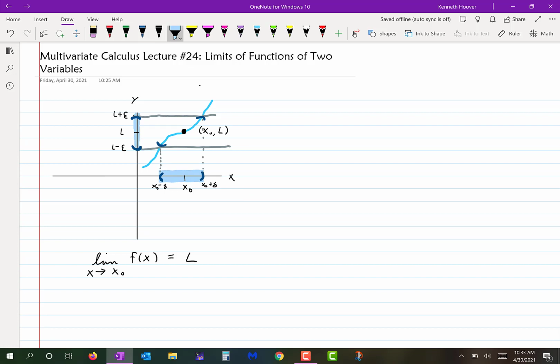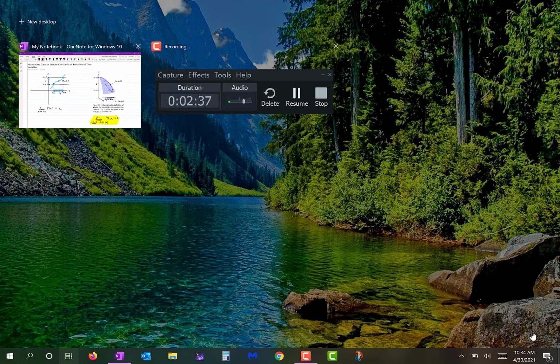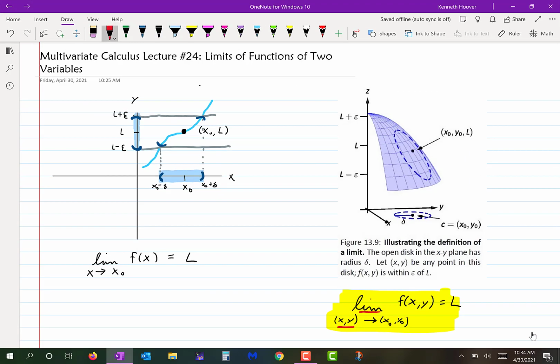Now, let's look at a function of two variables. So first of all, look at how we write it. Read this down here, okay? That's the limit as xy approaches the point x naught y naught. The limit of what?